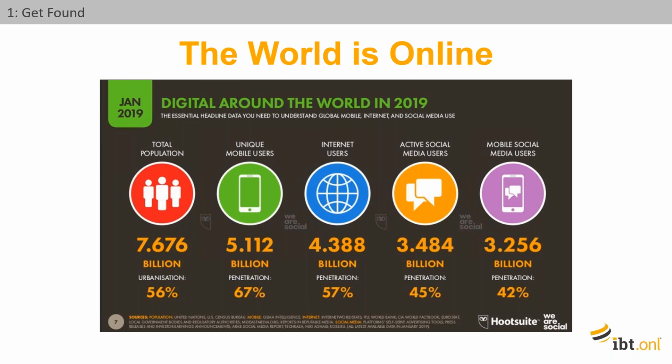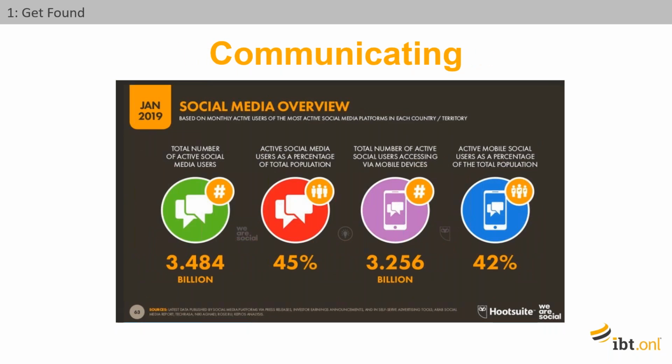Well, one of the main things we're doing is just talking and communicating with each other. Out of those over 4 billion people online, 3.5 billion are using social media. So 45% of the world's population is using social media. That's 3.5 billion people. It's interesting to note that the majority of this is via mobile phone, and we'll get back to that later.